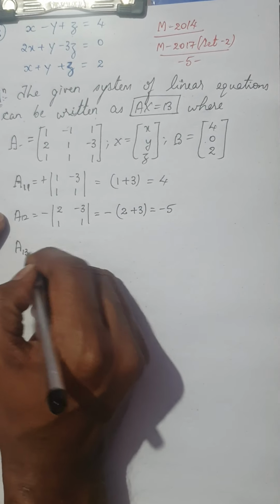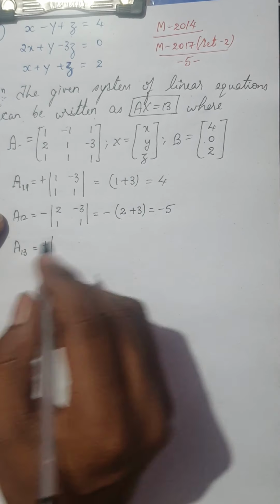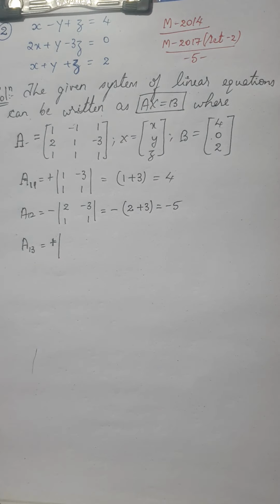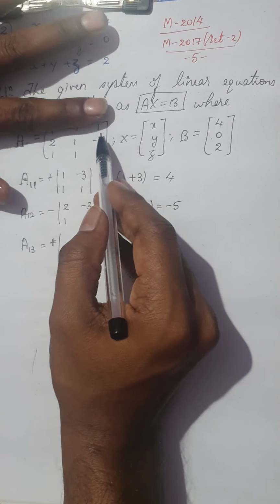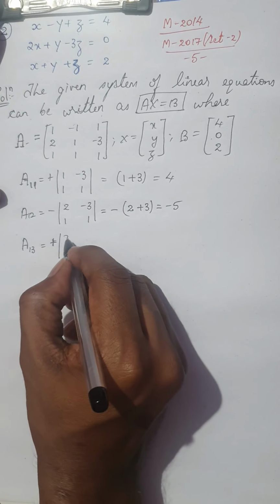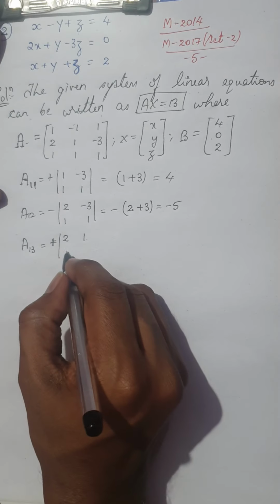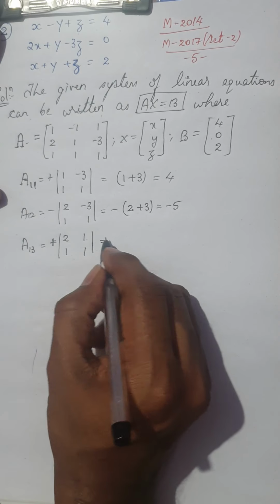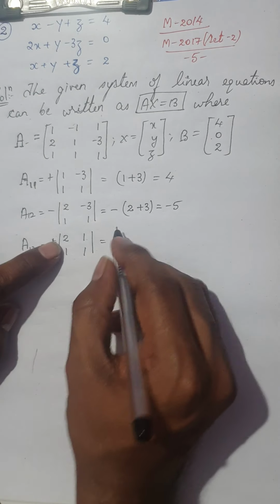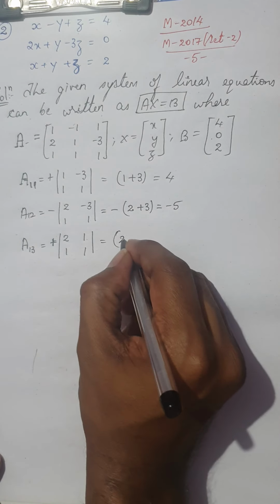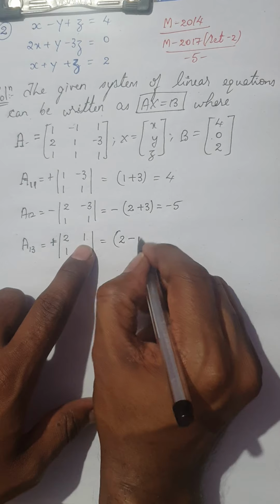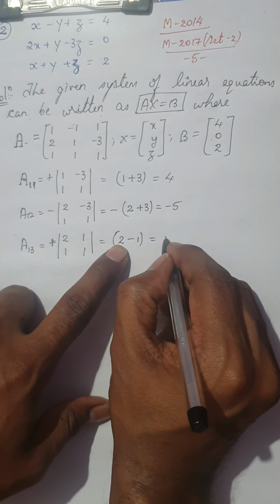Next, A13. A13 is plus, so outside I have plus. Take away the row and column, I'll have 2, 1, 1 and 1. Outside plus, need not worry. 2 into 1 is 2, minus 1 into 1 is 1. So 2 minus 1 is 1.